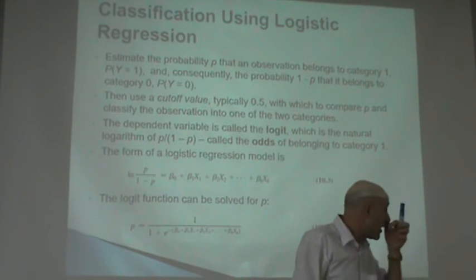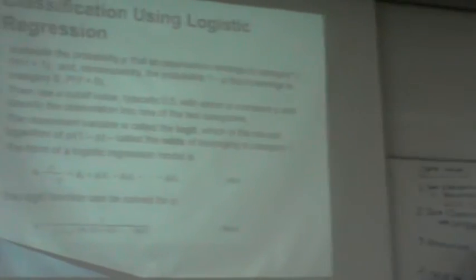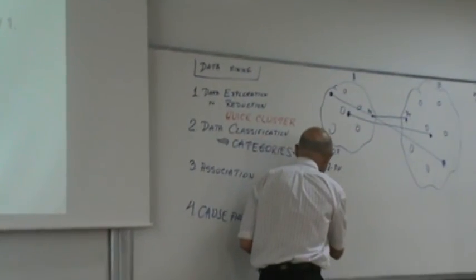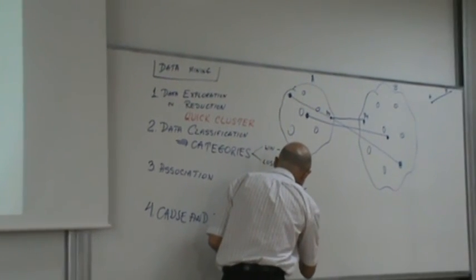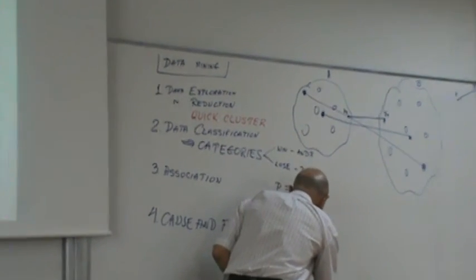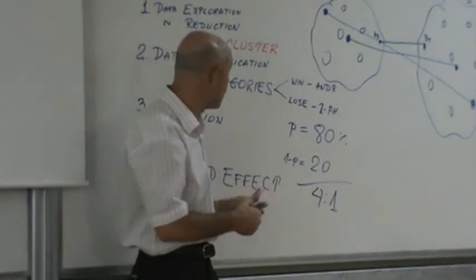I can maybe explain it like this. Let's say the chance for 1 is 80% and 1 minus P is 20%. The ratio is 4 to 1. Okay, that's a simple ratio.